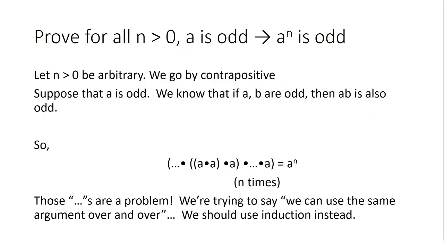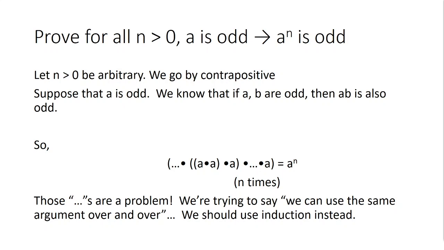Okay, let's look at this example. When a is an odd number, a to the nth is odd. How to prove this? Let's try contrapositive. If n is an arbitrary number greater than 0, suppose that a is odd.